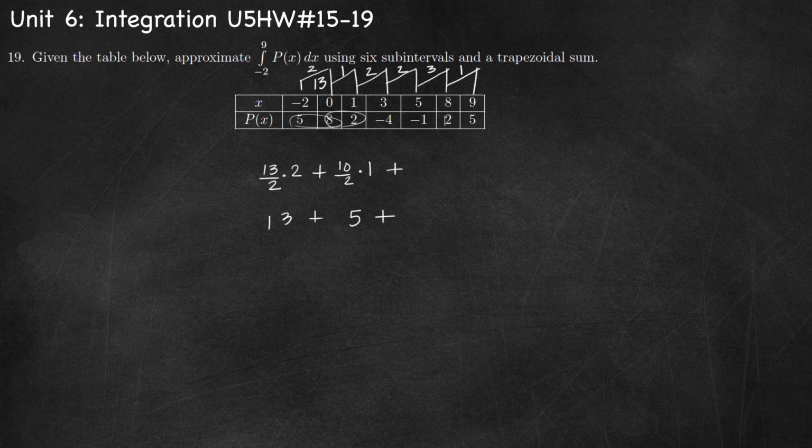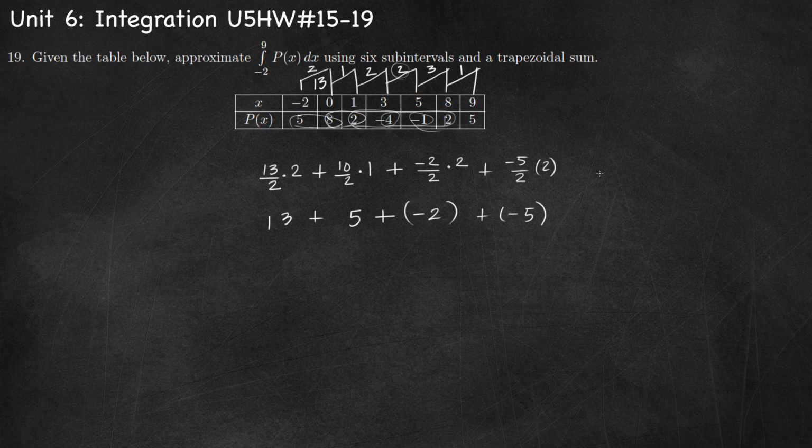For my next trapezoid, my bases are 2 and negative 4. So 2 plus negative 4 is negative 2 divided by 2, multiply it by the width. So that's negative 2. My next trapezoid has bases negative 4 and negative 1. That's negative 5 over 2 is the average base, times the width, which is 2. So that one has an area of negative 5.